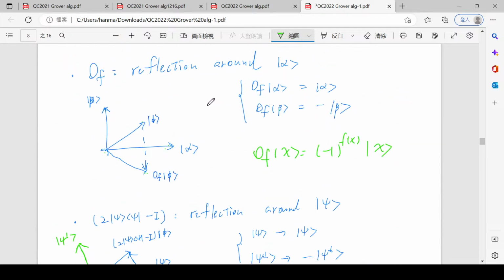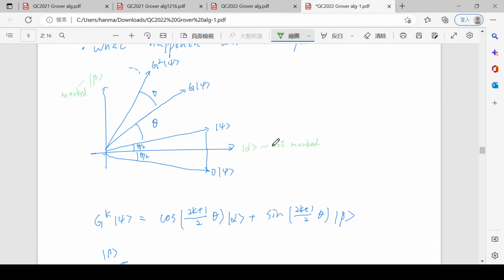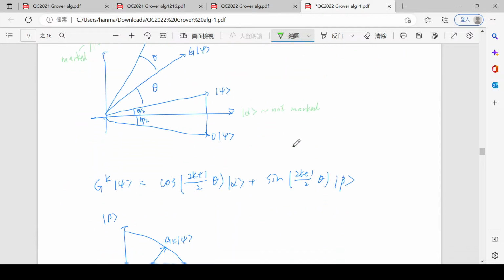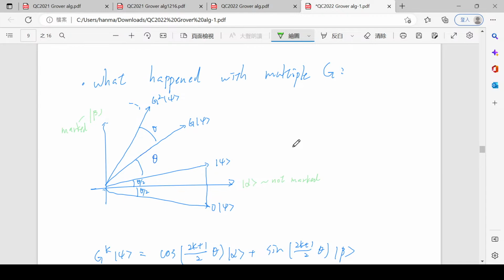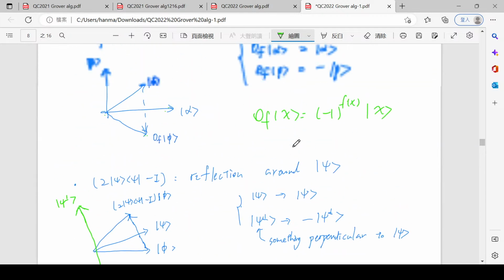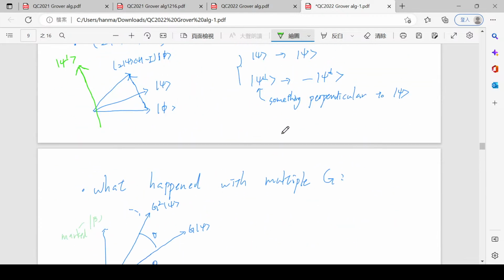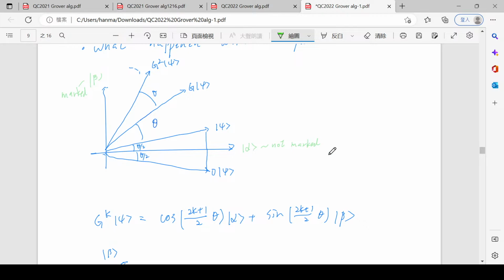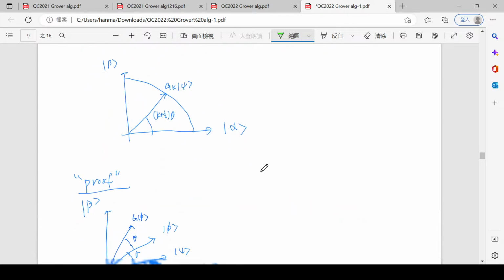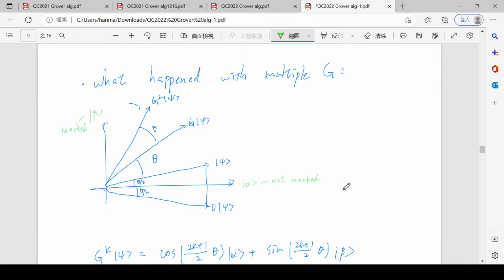Okay, so those are two reflections. And what happens when we combine those two reflections is we'll get a rotation. Okay? And here's one more sketch. We'll call this angle between psi and alpha theta over 2.